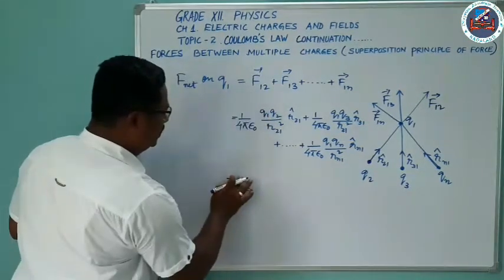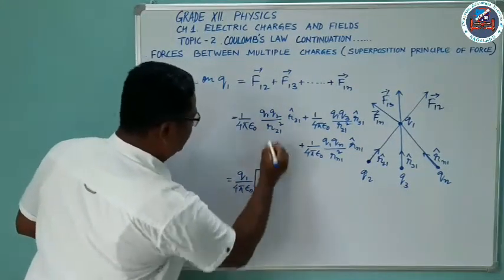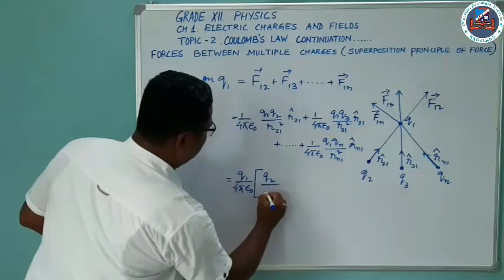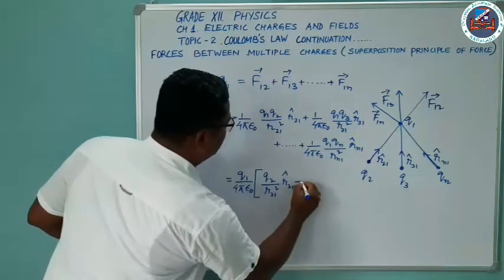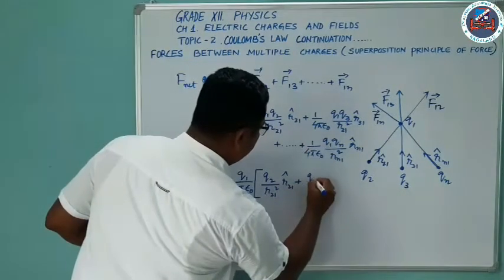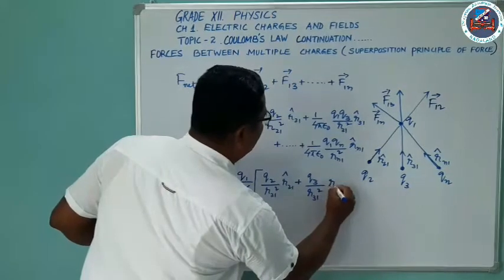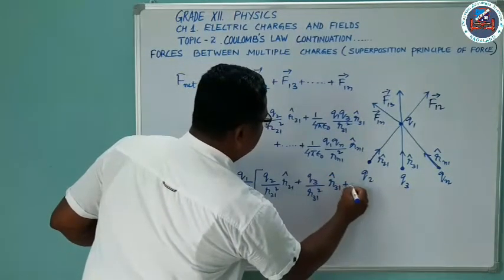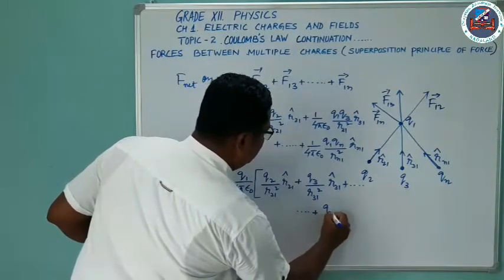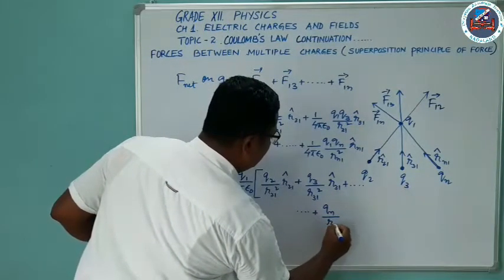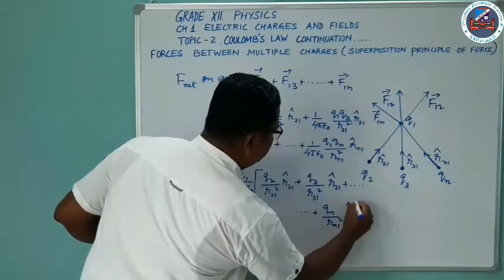Q1 is common, so I'll take Q1 out. Then in the bracket I can write Q2 divided by R21 squared, R21 cap, plus Q3 divided by R31 squared, R31 cap, plus Qn divided by Rn1 squared, Rn1 cap.